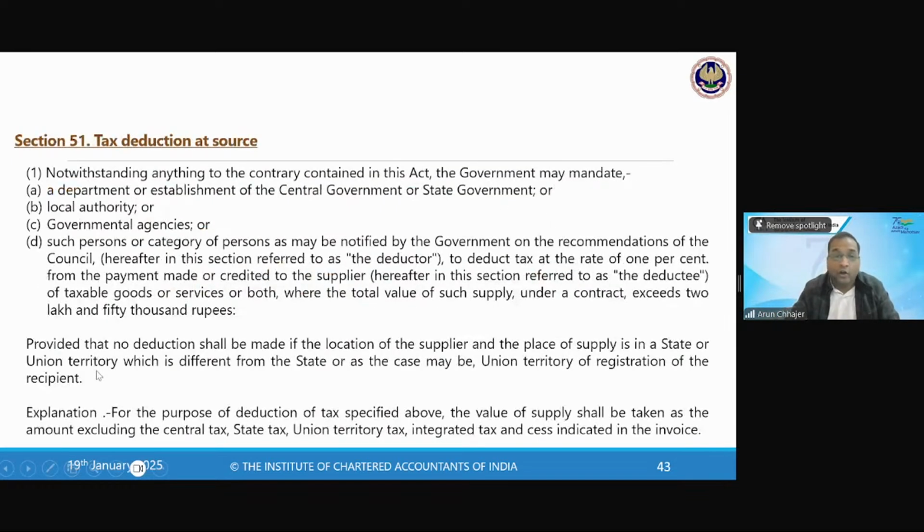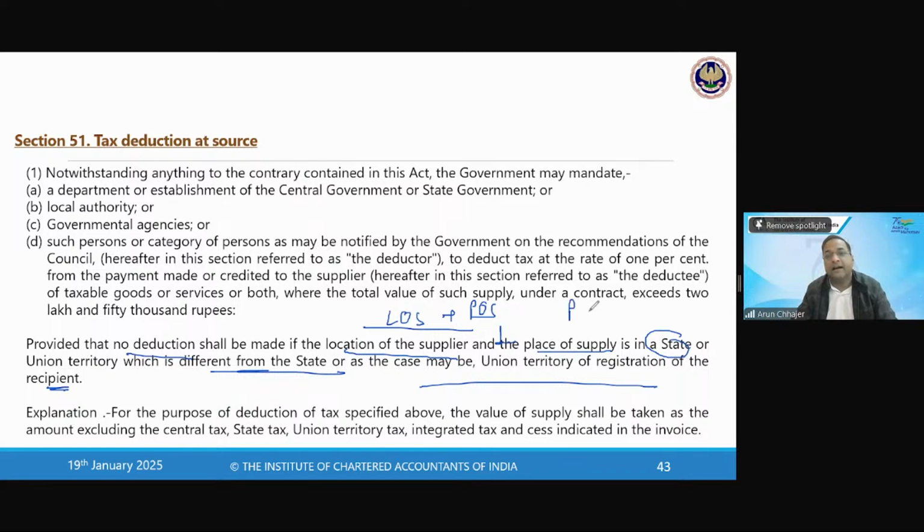It says that there is no deduction if the supplier and place of supply are in one state and the recipient is in another state. It means the location of the supplier plus the place of supply is in one state and the recipient is in another state. What happens now? No deduction.